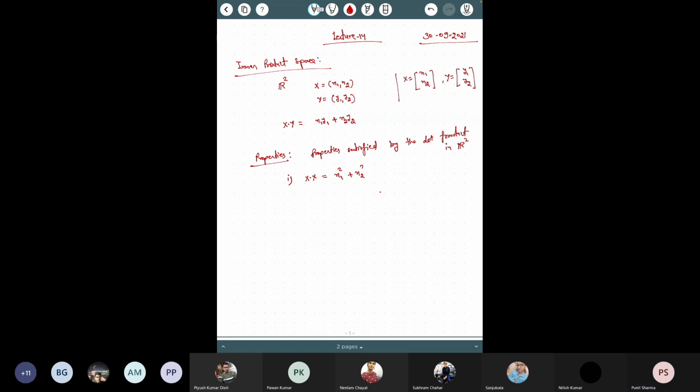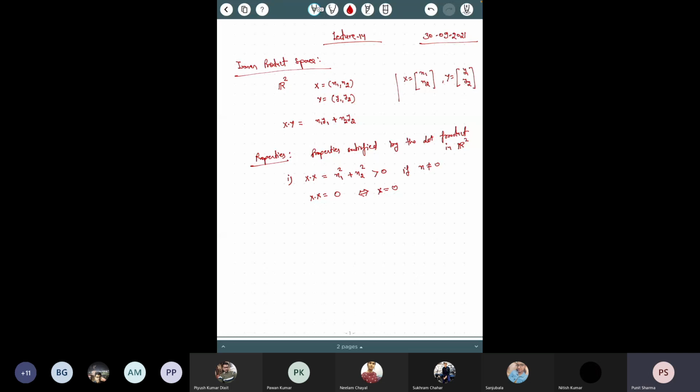Because x1 and x2 are real numbers, this is always greater than 0 if x is not equal to 0. And the dot product of x with itself is 0 if and only if x1 and x2 both are 0, that means x itself is 0.